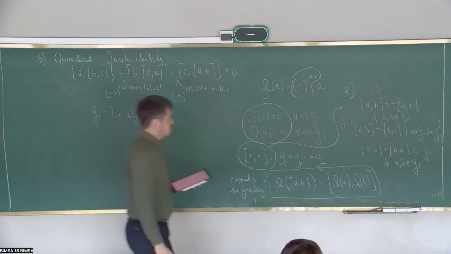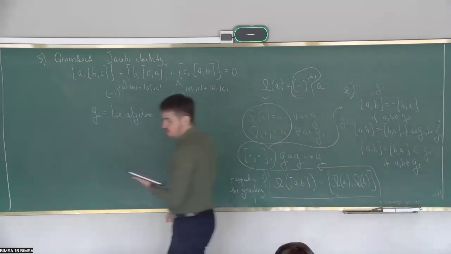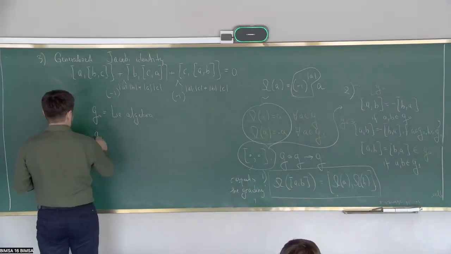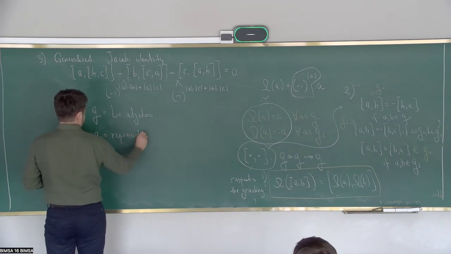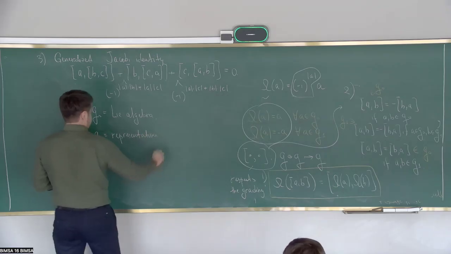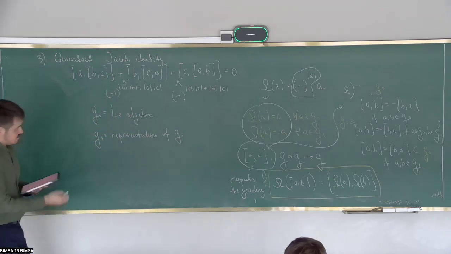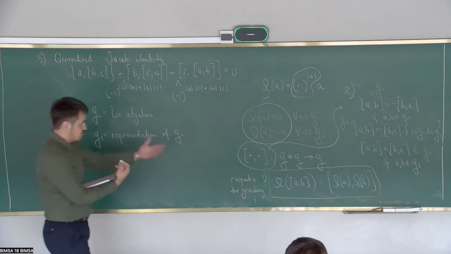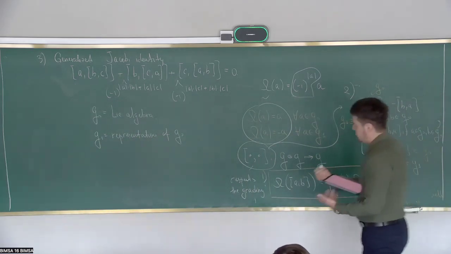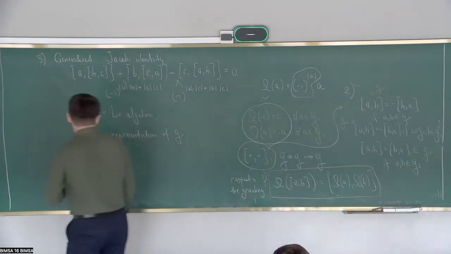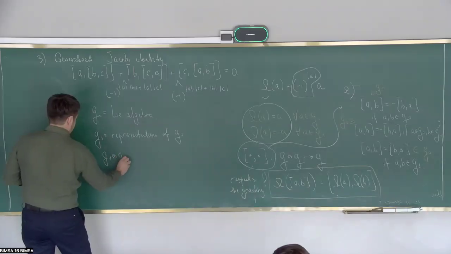Then the commutator of G0 with G1 is in G1, so that means that G1 is a representation of the algebra: G0 acts on G1. And then there is a third equation, which tells you something about the tensor product of G1 with G1. So this is the third relation.